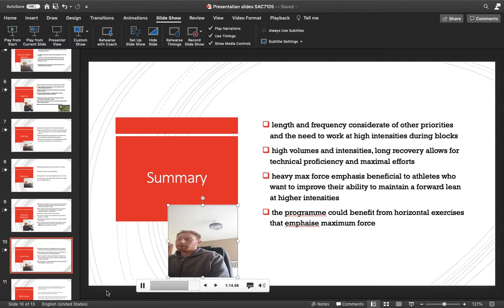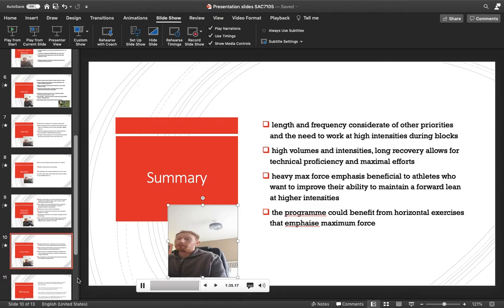The heavy squat emphasis in this program will certainly allow athletes to accomplish that. What this program certainly could benefit from would be having horizontal based exercises that improve rate of force development and maximum strength, that are a little bit more applicable to an acceleration pattern.